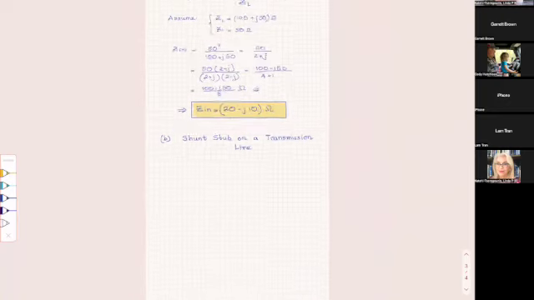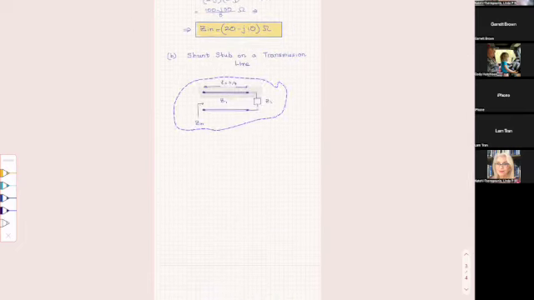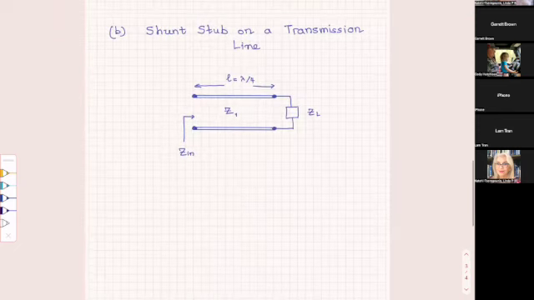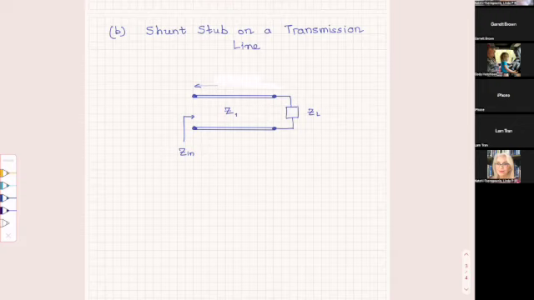So we'll take this one, and we'll put this, and then here we have a stub.